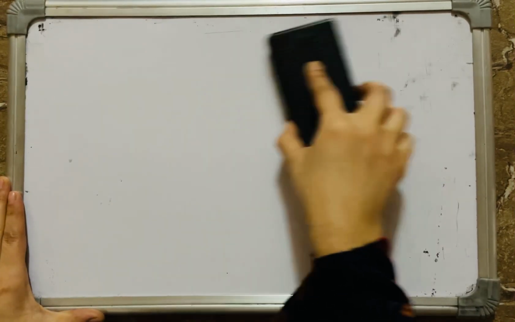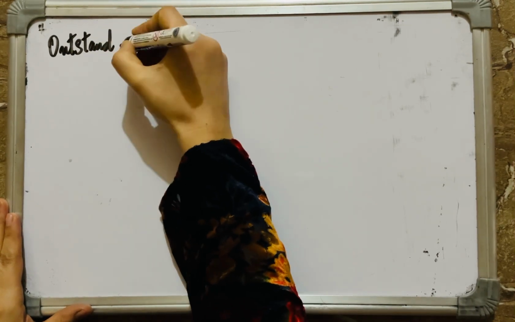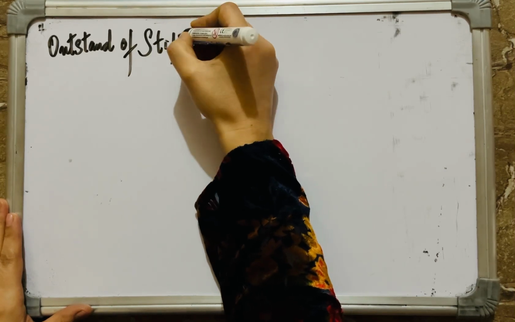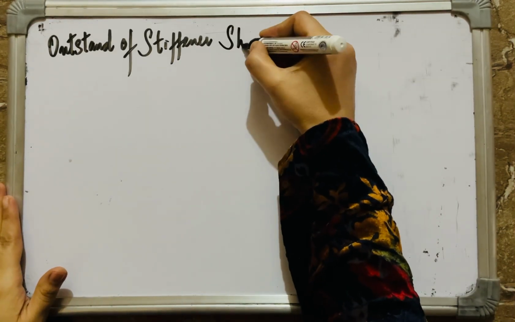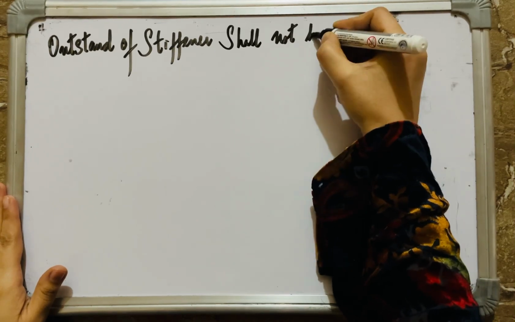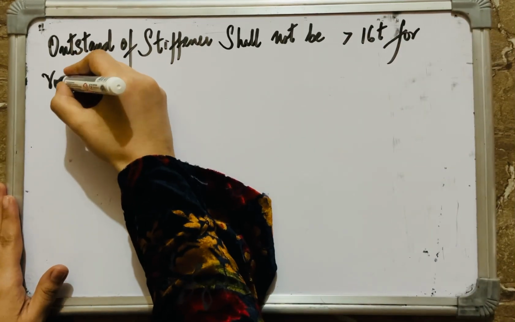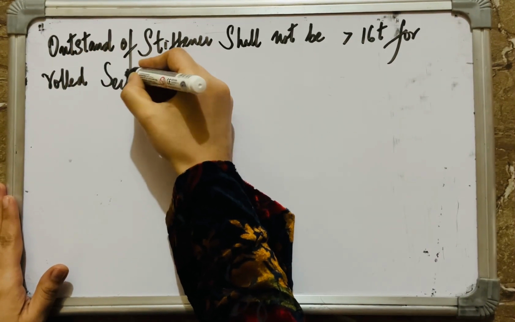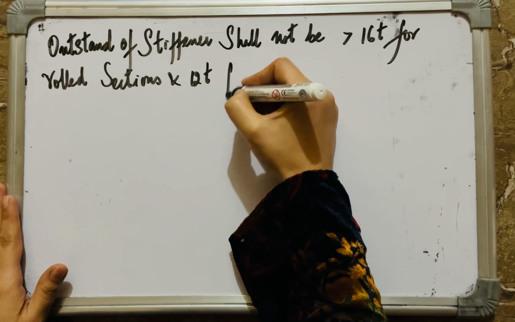After that, the outstand of this stiffener shall not be greater than 16t. These are some of the design specifications for the stiffeners, and the outstand of stiffener shall not be greater than 16t for rolled sections and shall not be greater than 12t for flats.